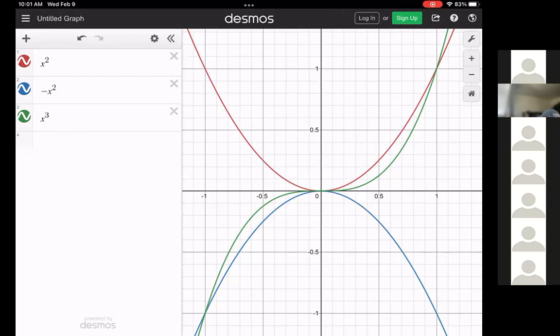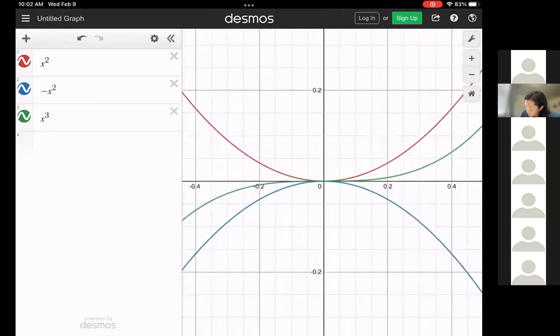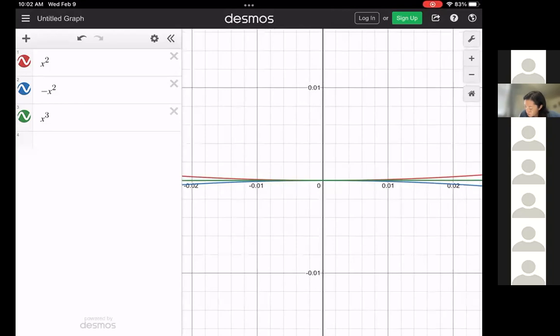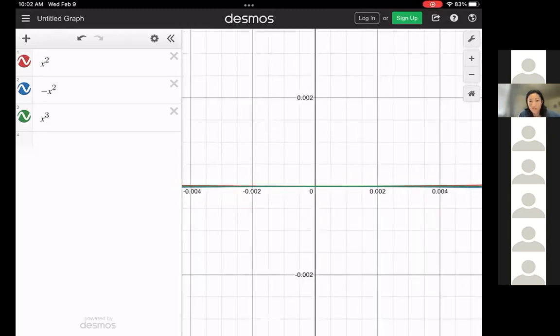I think it would be at 0. Yeah, exactly. At x equals 0, it sure looks pretty hard to tell where each one is, right? We zoom in, we zoom in, we zoom in. Look at how close we're getting. -0.01 and 0.01, and I can't even tell. They all look like they're the same, right?